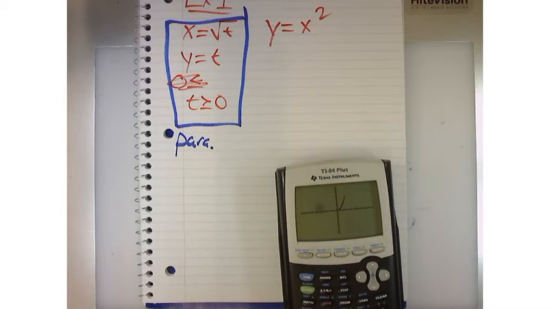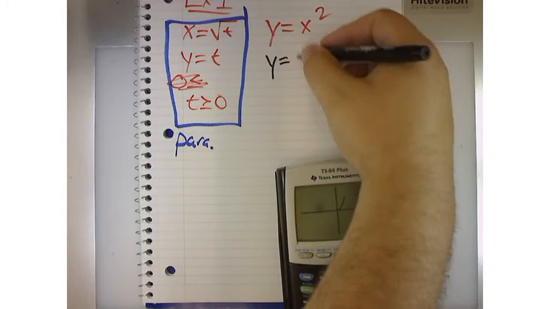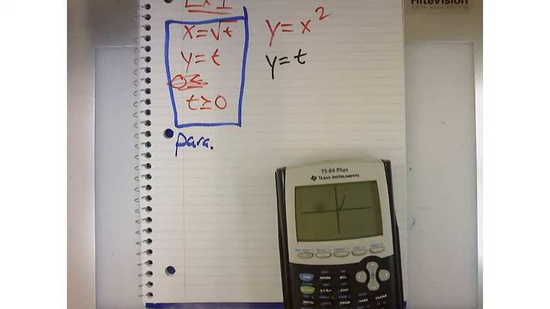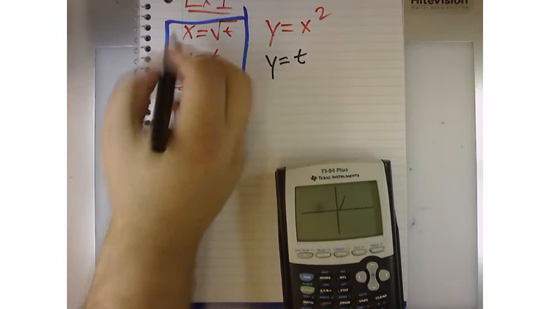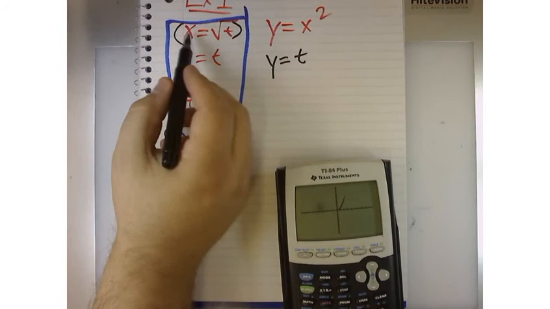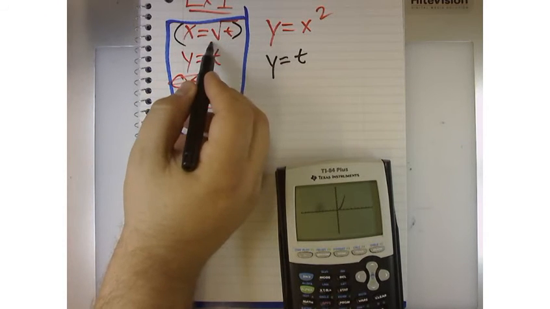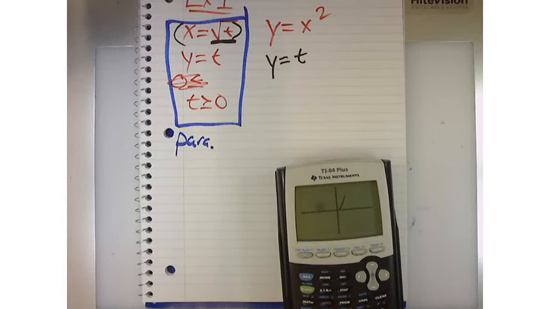Well, it's simple. We use a system of equations. So we say that y is equal to t, right? Now, I'm going to look at this here. How can I make this in particular look like t? What would I do to that equation? Square it.